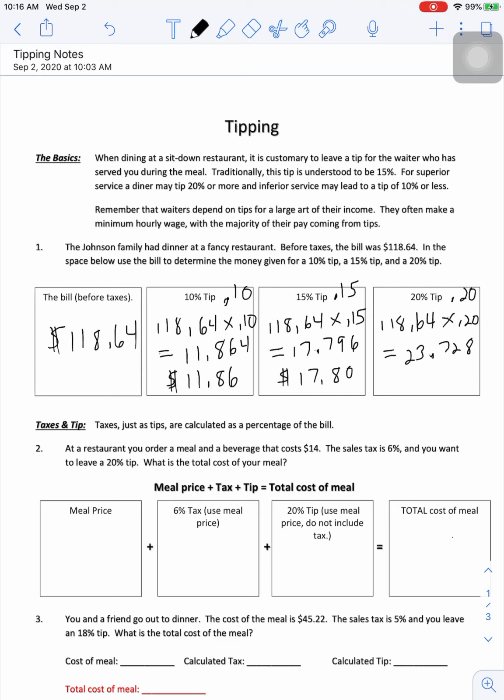And then we're going to look at that 8, and we're going to make the 2 a 3. So our tip in that case is going to be $23.73.